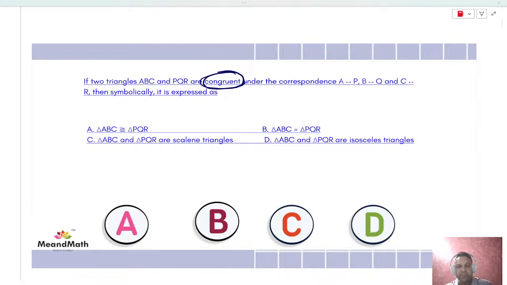Focus on this word, then you are able to give the answer of this question. Anyone in the class who's going to answer?